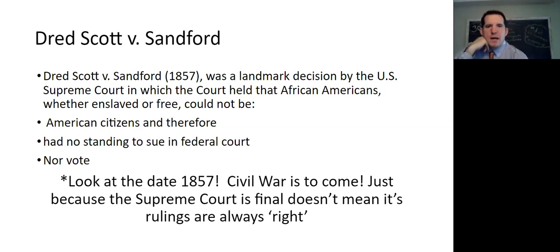Give you time there to type that. So they could not be American citizens. They had no standing to sue. So Dred Scott, the African-American person that's suing, has no standing to sue in federal court, and nor could they vote.